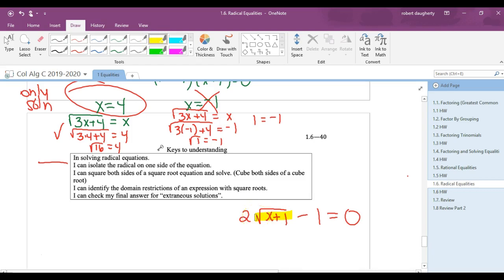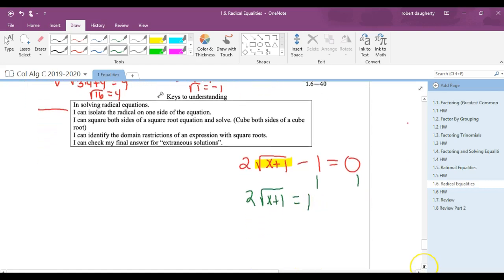I need that to be all by itself, right? How can I get it all by itself? Before I square it, I would need to add 1 to both sides. So I get 2 square root of x plus 1 equal 1. Now to get it by itself, I can divide everything by 2.